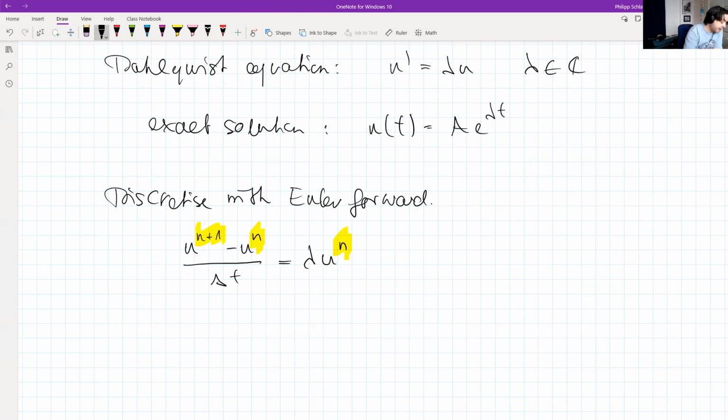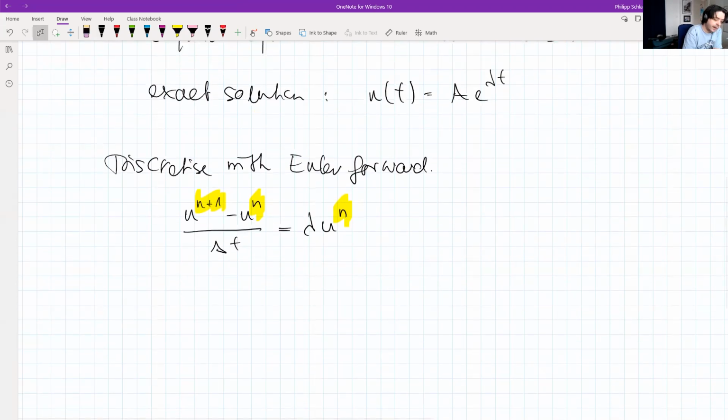As we know from yesterday, if this is the case, we can write a rule for each u^(n+1). So u^(n+1) is then (1 + lambda delta t) times u^n. That's just solving this equation for u^(n+1).